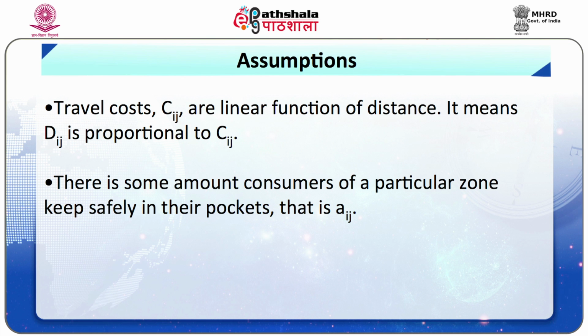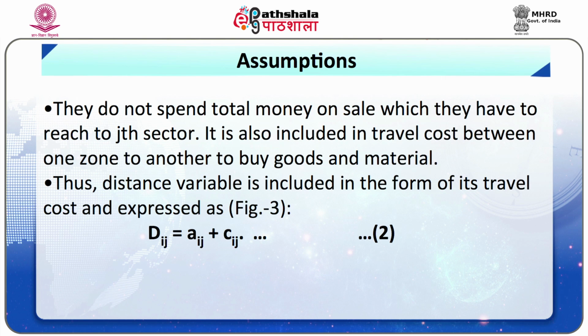Number 2, travel cost, that is Cij, is a linear function of distance. It means Dij is proportional to Cij. Number 3, there is some amount consumers of a particular zone keep safely in their pockets, that is Aij. They do not spend the total money on sale which they have to reach the jth sector.